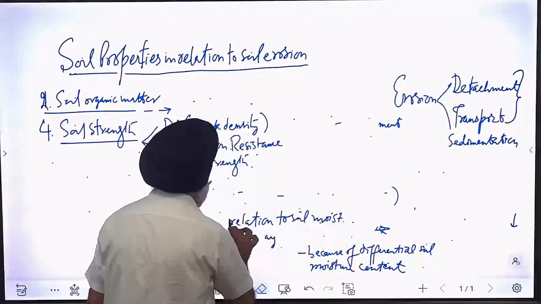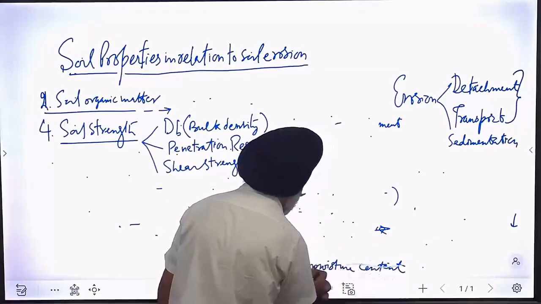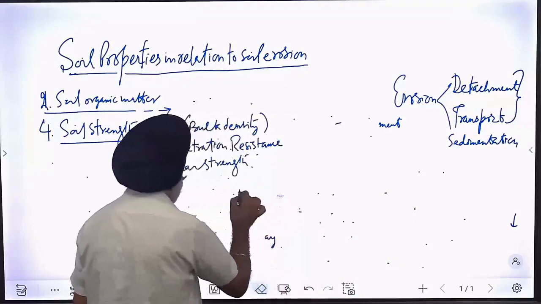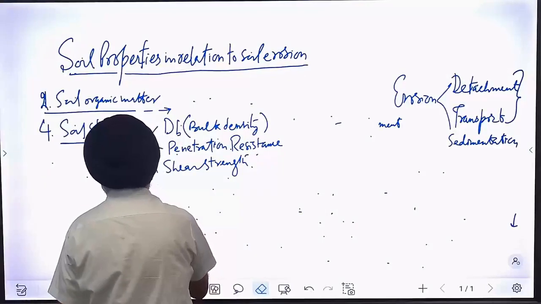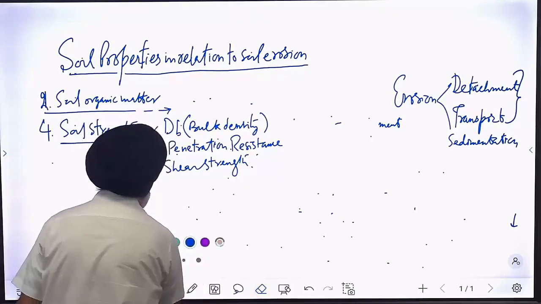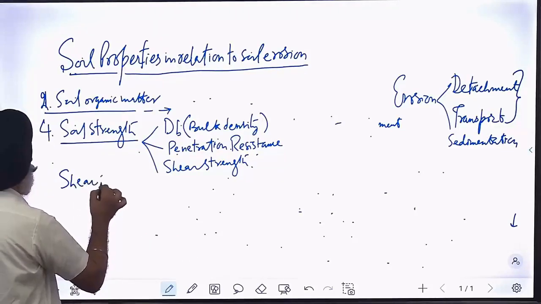Now, soil is basically a particulate matter. It is not a solid. Soil is formed of particles, and when this soil is subject to some type of force, shear strength comes in.